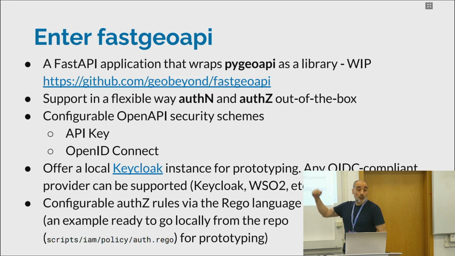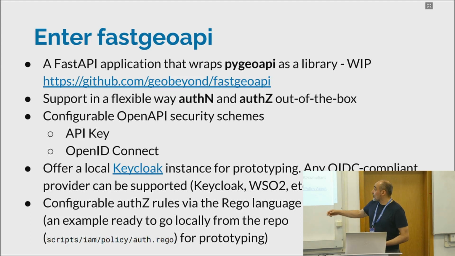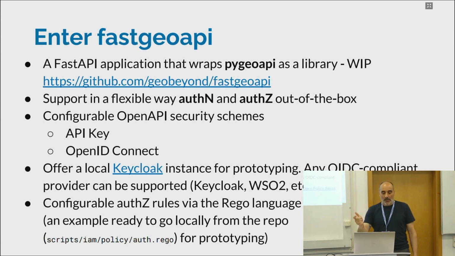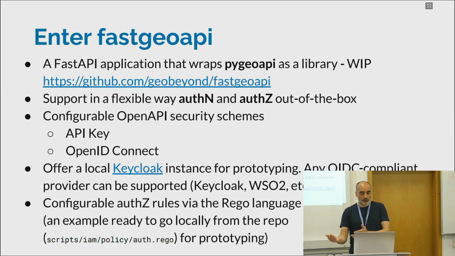In the repo, we offer a Docker Compose, where you can type docker compose up, and you have the whole infrastructure up and running. We even provide a simple authorization file, again a playground, to test and check out the different capabilities of how to protect collections from pygeoapi.